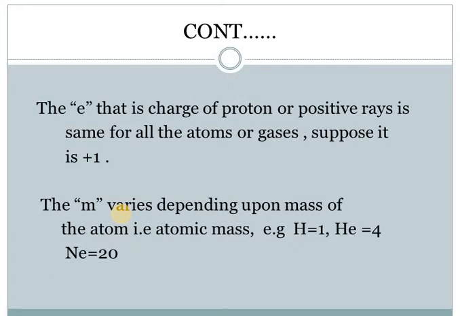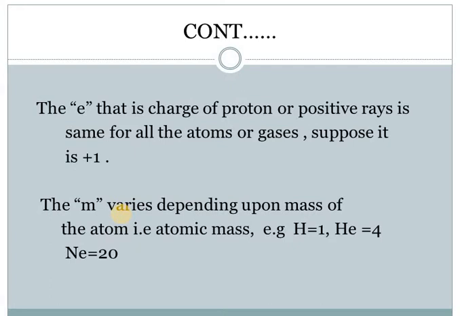So, it is just written over there. You can see that the E, that is charge of the proton or positive rays, is same for all the atoms or the gases, and for our own convenience or for our solution, so that you can understand all this very well, we can just assume that it is +1.